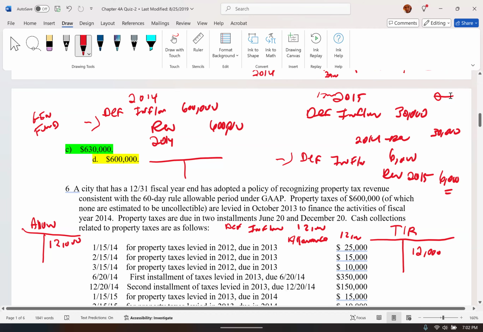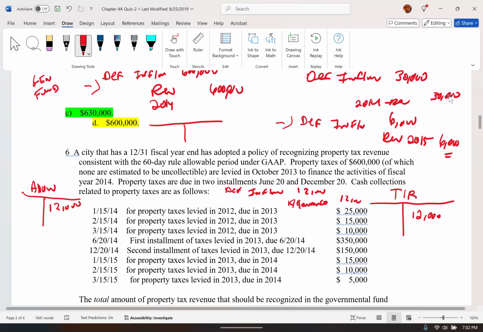And so now I have the tax receivable of 12, I have the allowance of 12. So now just debit the allowance 12 and credit the tax receivable for 12, right? It's all cleared away now.